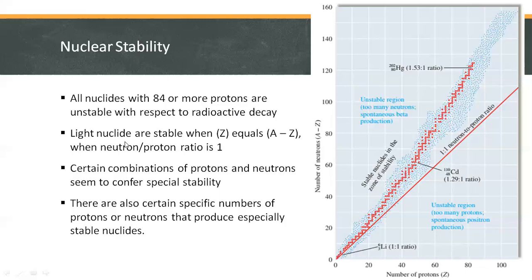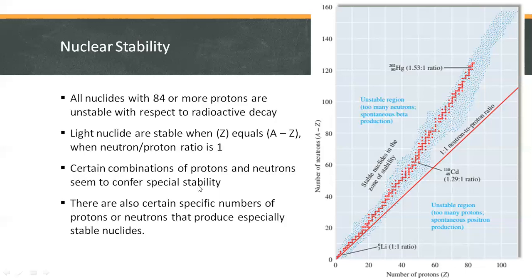Light nuclides are stable when Z equals A minus Z, or protons is equal to neutrons, which makes a ratio of 1. However, for heavier elements, the neutron-proton ratio required for stability is greater than 1 and increases with the number of protons.